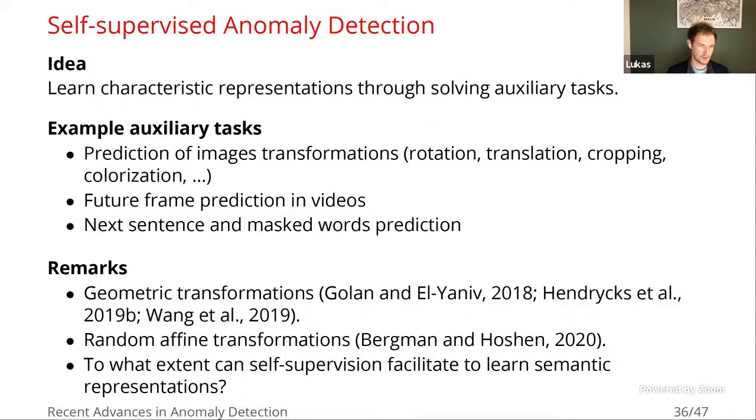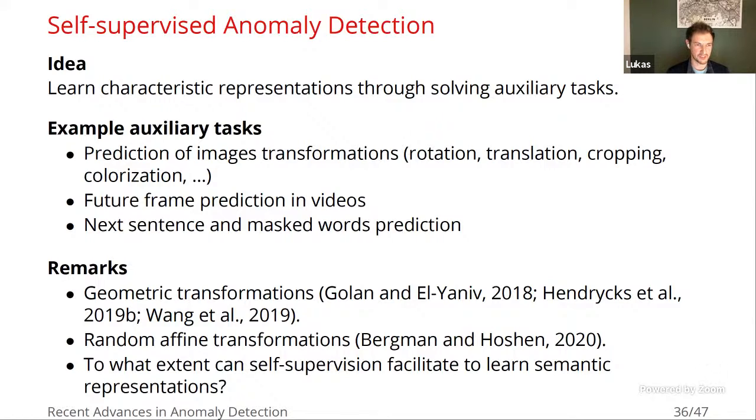And this has been used in visual anomaly detection by Golan and El-Yaniv, and also Hendrycks and Wang, where classifiers are trained on predicting these transformations, and then an anomaly score can be derived after training such a model.